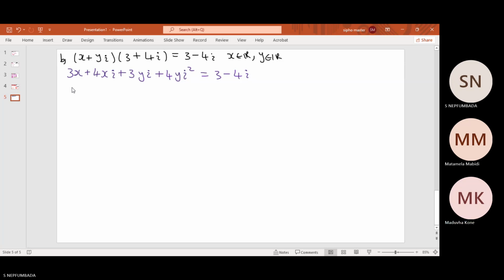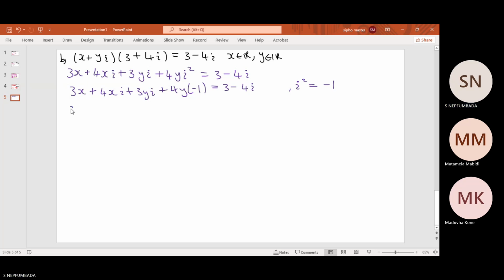Yes. Then this is nothing but 3x plus 4xi plus 3yi plus 4y into minus 1 is equal to 3 minus 4i, where i squared is equal to minus 1.